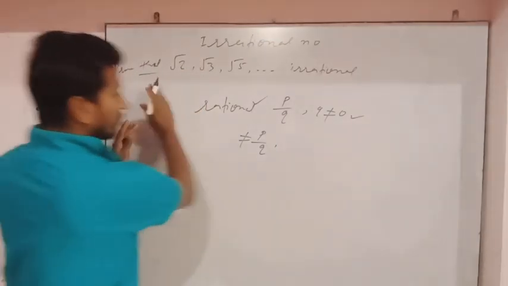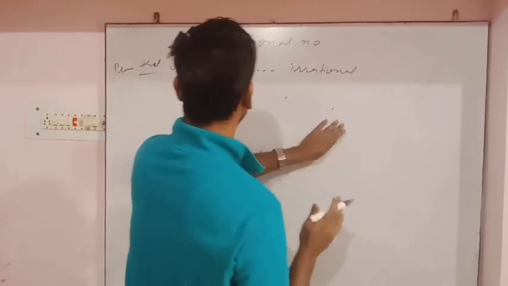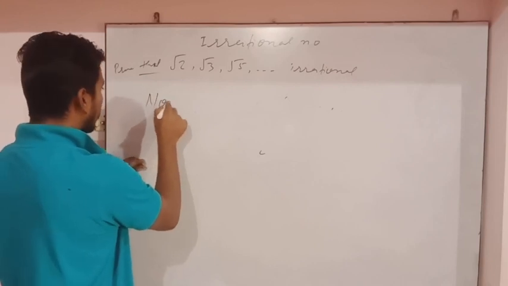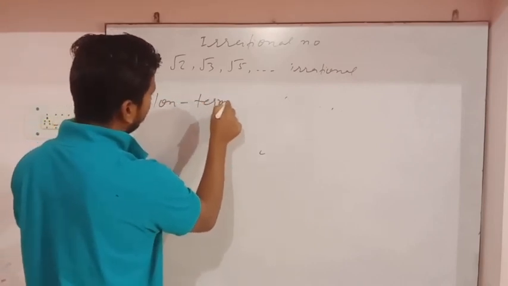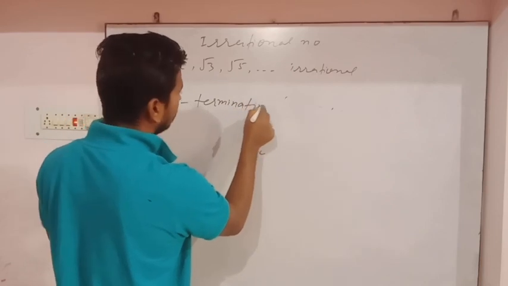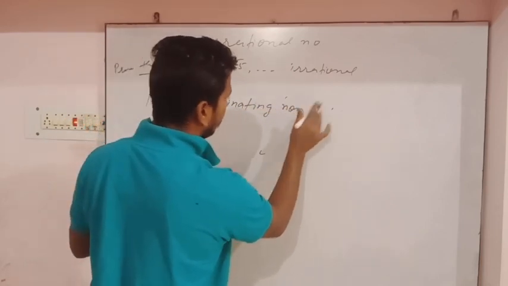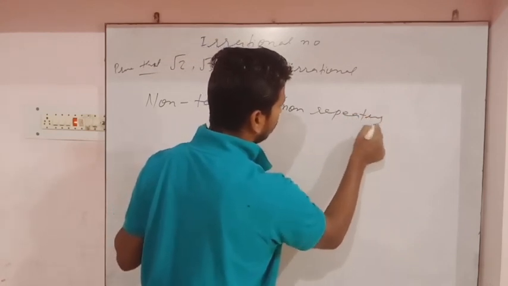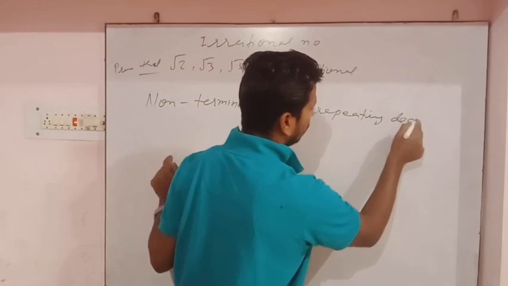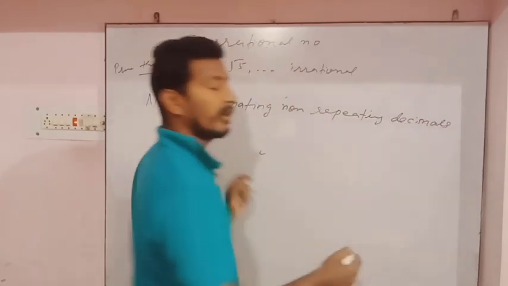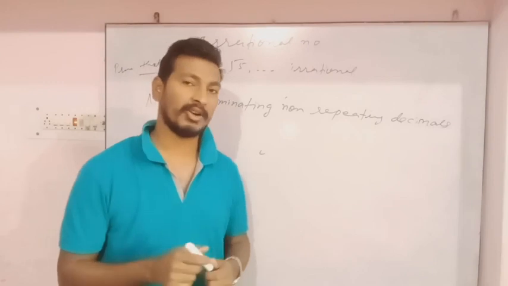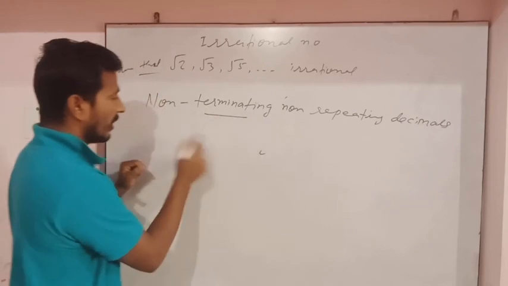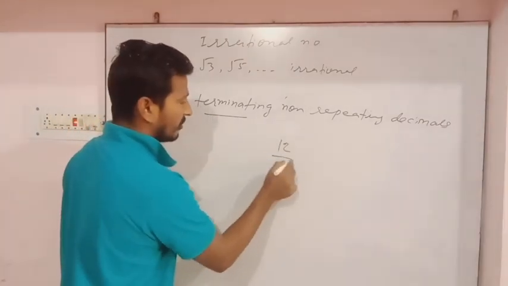Another definition for an irrational number: non-terminating, non-repeating decimals are called irrational numbers. So very first, what is terminating? Suppose 12 by 5.